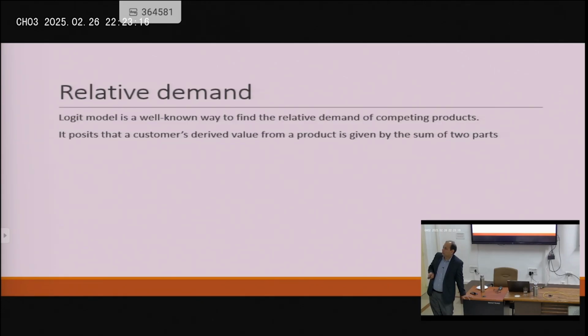So basically it says that each customer derives value from a product, which is the sum of two parts, the observed value and the unobserved. The observed is a function of attributes of the product. We observe it, we can see it, we can measure it. The other is some things we don't know. Of course, that's a good assumption, right? There are some things that the customer values that we don't know what they are, and we call it unobserved.